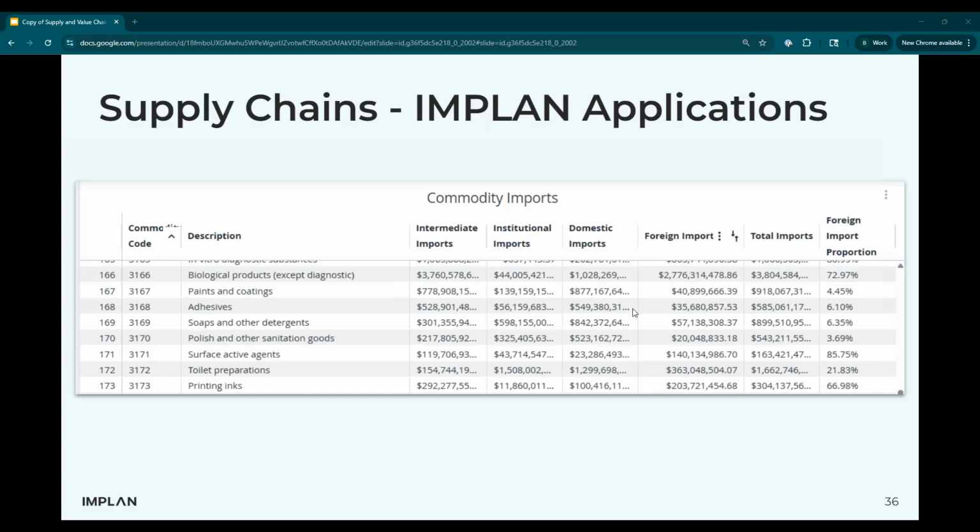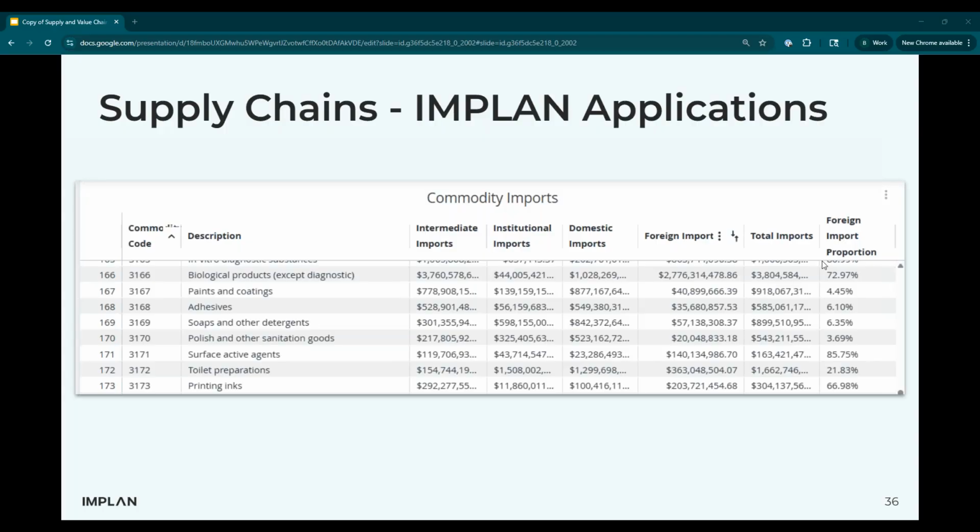One is domestic imports of about, looks like $1 billion, and then foreign imports of about $2.7 billion. So what we're looking at is about $3.8 billion worth of goods are imported, some domestically, some foreign.